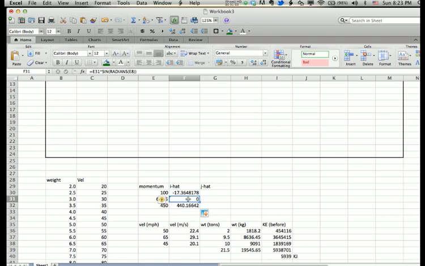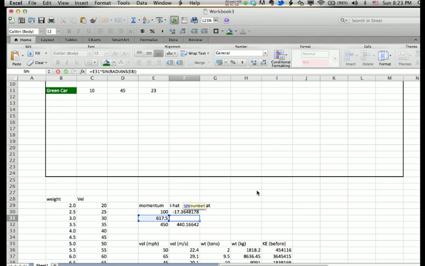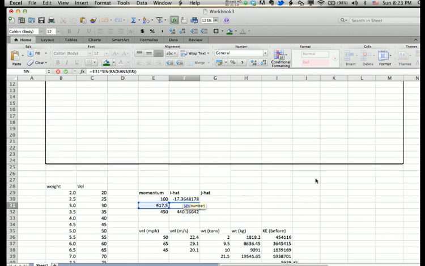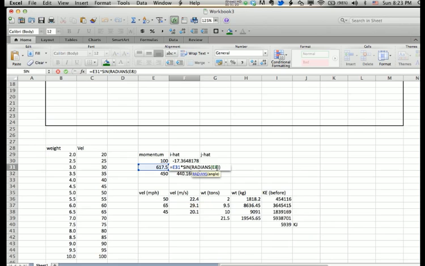And let's see, I'll have to go and fix some of these because this would be E. If that was E, well, that should have been E7. So this one's going to be E9 and E11 is what I want. So this one is E9, and this one, E11.